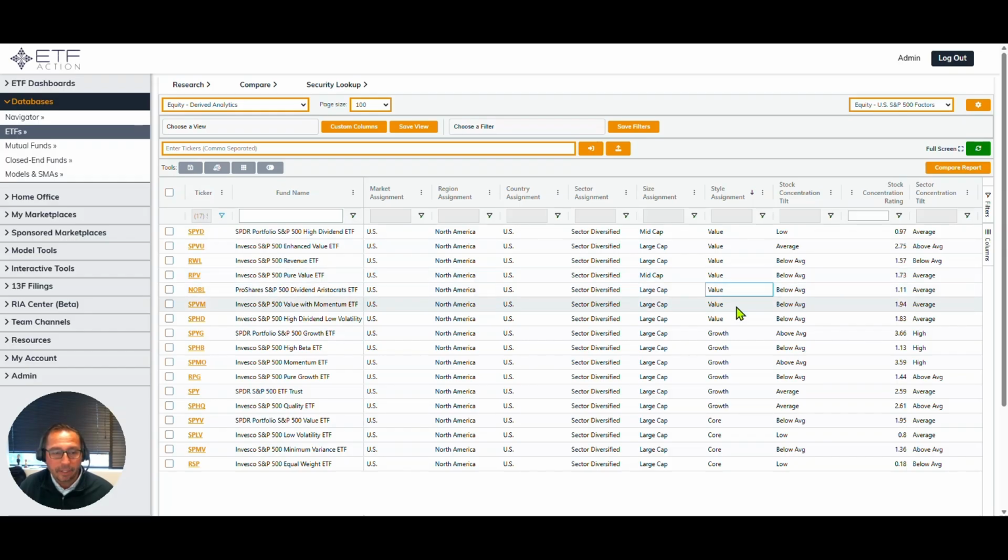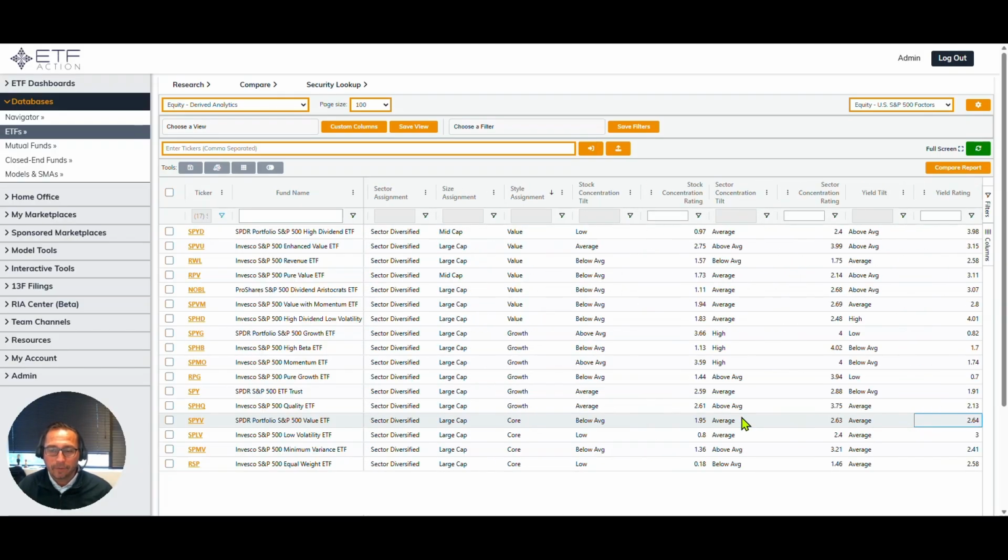Obviously, value, dividends, value with momentum, high dividend, low volatility. Got a bunch of growth and then a handful of cores here, being equal weight, minimum variance, low volatility, and interestingly enough, the SPDR S&P 500 value ETF is showing up as core.